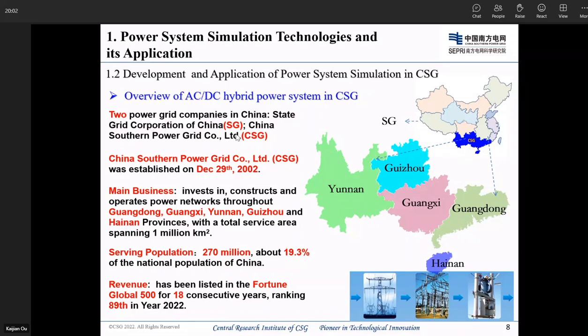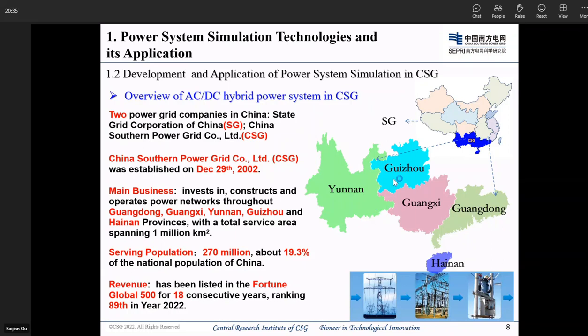In China, we have two power grid companies. The first is the State Grid Corporation of China, SG. It has a very big power system. CSG is China Southern Power Grid, with only 5 provinces.